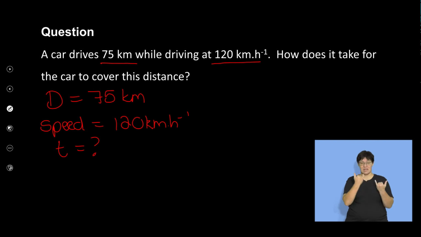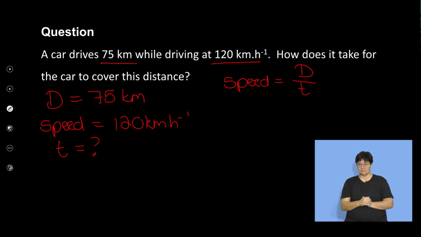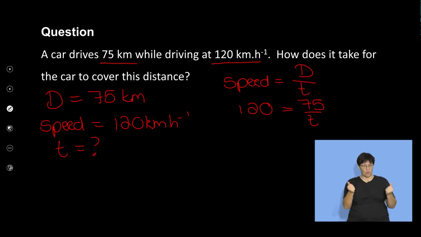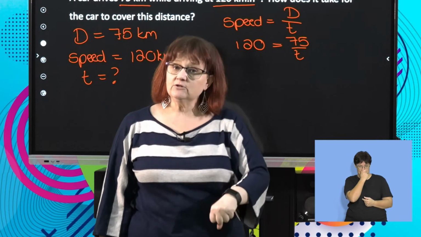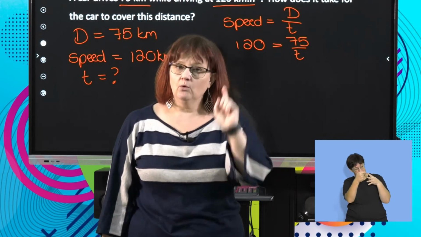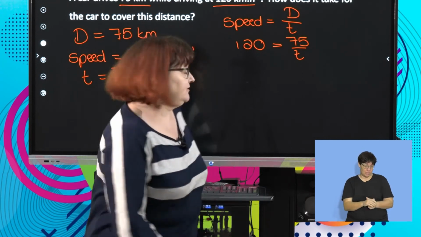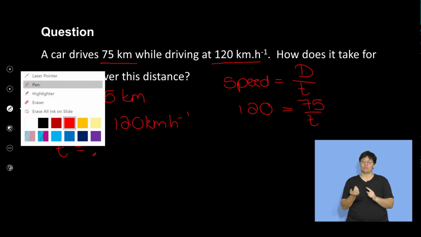I'm going to write the equation as it's given to us. So we know that speed is distance divided by time. My speed was 120. My distance is 75. Now I want time. At this point, if you can solve for t without doing all the maths, go ahead. If you need to show all the math steps, show all the maths. So I'm going to actually show all the maths because I think it's important.